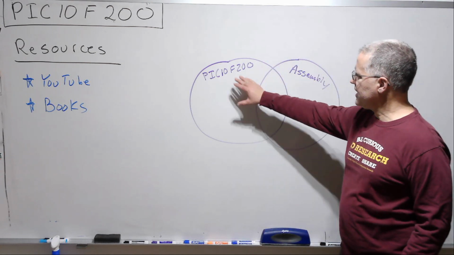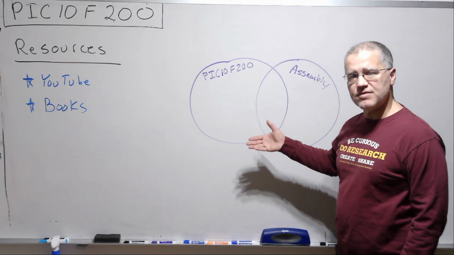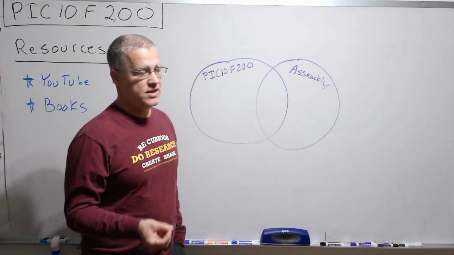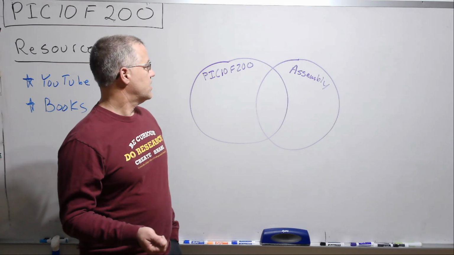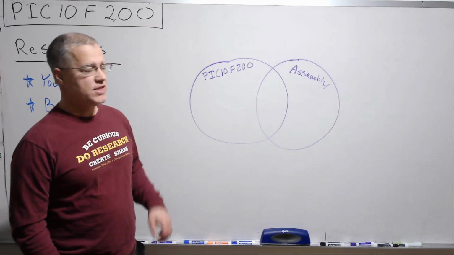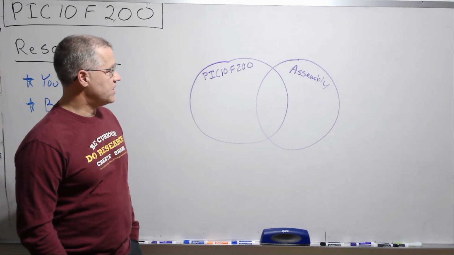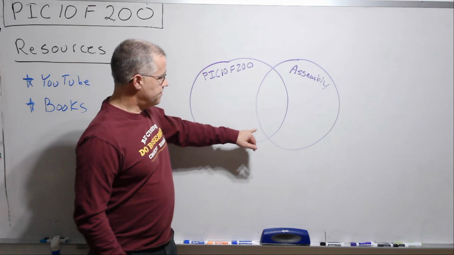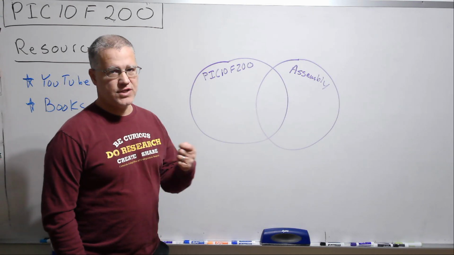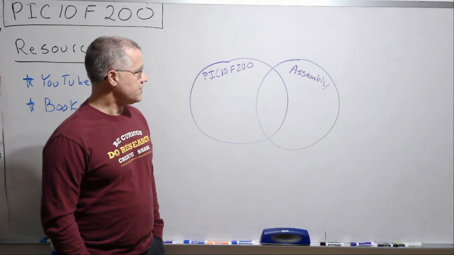We're working with the PIC 10F200, which is not a particularly common microcontroller because it is so primitive and limited in its use, although that's the reason we're using it, so that we can really truly understand things at the basic level. And then also assembly on the PIC and using the PIC instruction set.